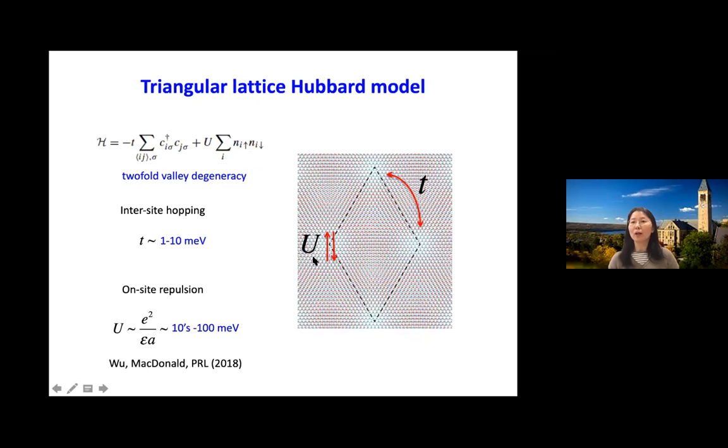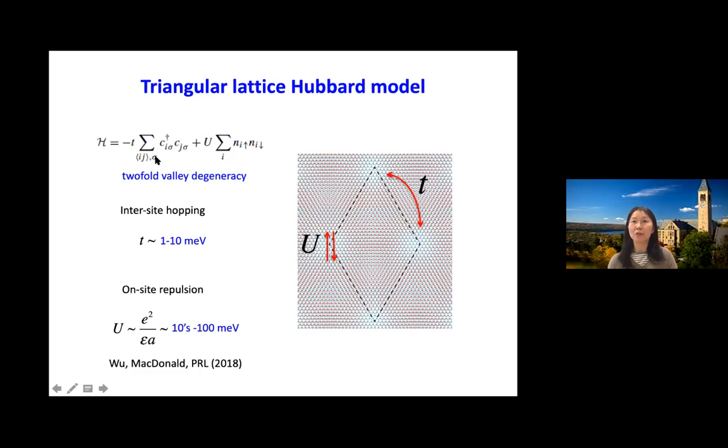Okay, so a couple of years ago, or 3 years ago now, Allan MacDonald's group predicted that heterobilayers of TMD materials can be described by a single band Hubbard model with 2 parameters: t, which is the lattice hopping, and U, which is the on-site Coulomb repulsion energy.